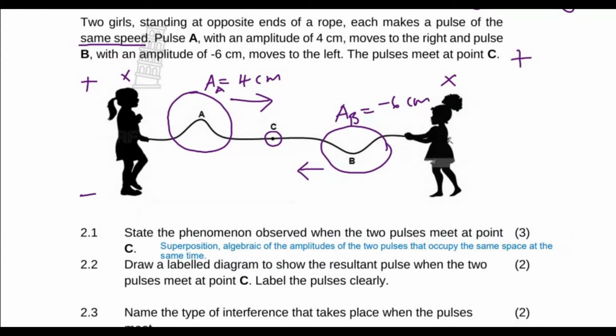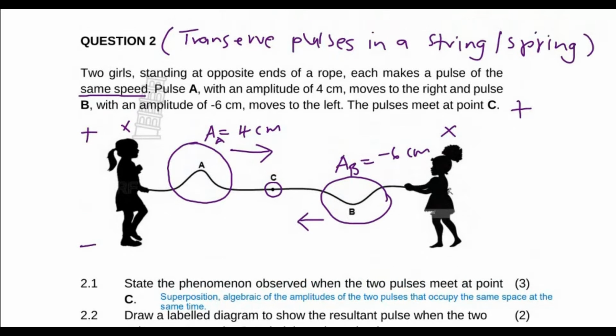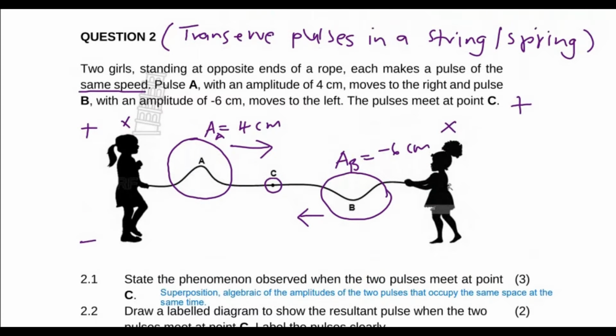So we'll add their two amplitudes. I'm not sure why this is not writing. What did I press? Let me check. So we'll have amplitude A plus amplitude AB when they meet there at position C.